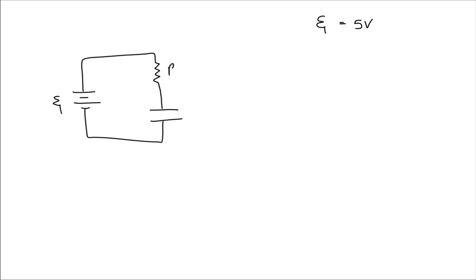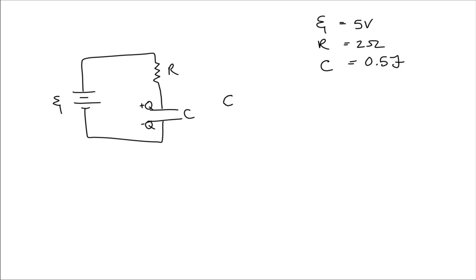The resistor has 2 ohms of resistance, and the capacitor is a 0.5 farad capacitor. We want to know how much charge is on the capacitor plates when it reaches 2/3 of its maximum capacity and 99.9% of its maximum capacity.